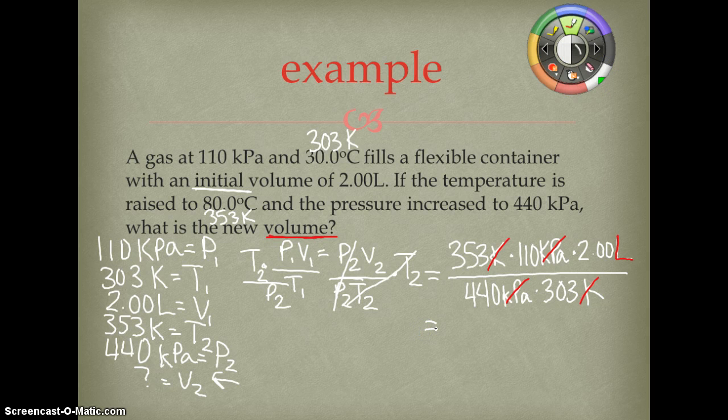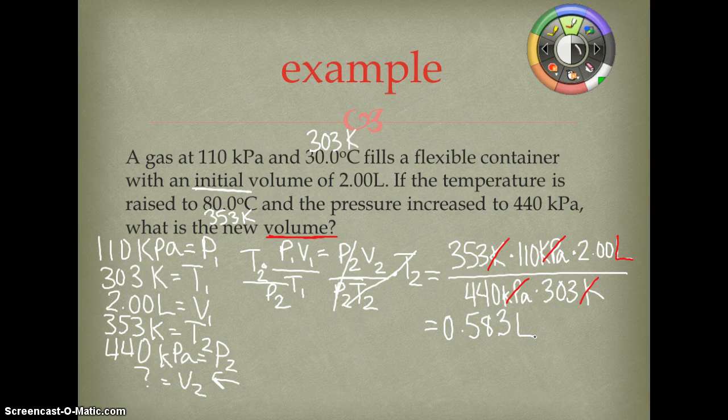So now you can do the math. 353 times 110 times 2 divided by 440 times 303. And we're going to go with 3 sig figs here. And that's going to give us 0.583 liters.